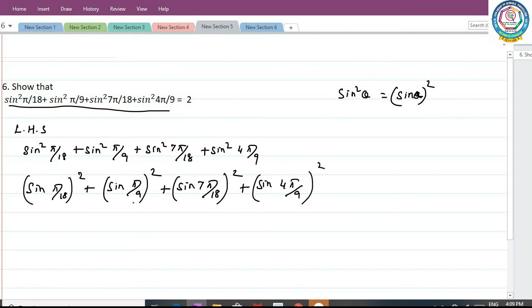Now all the terms are sine terms, but we have to prove 2. How do I simplify this? I select the first 2 terms and change them in terms of cos.